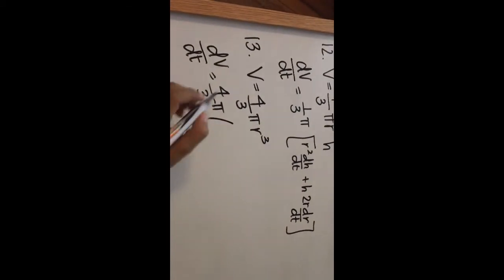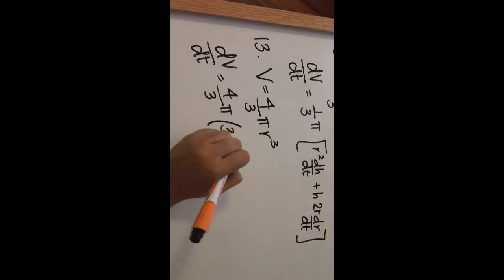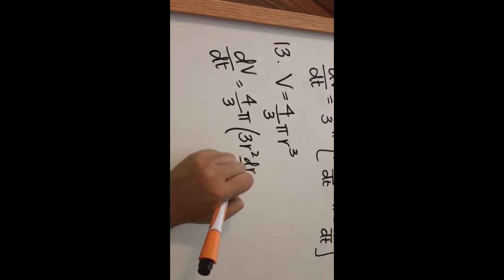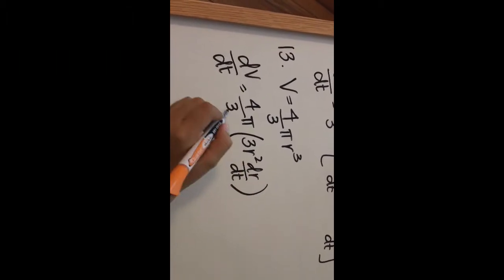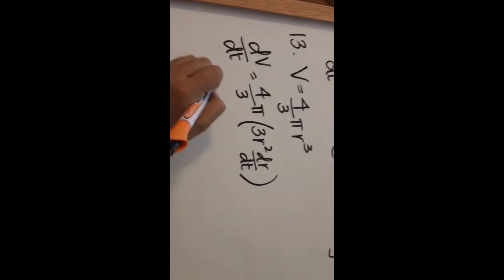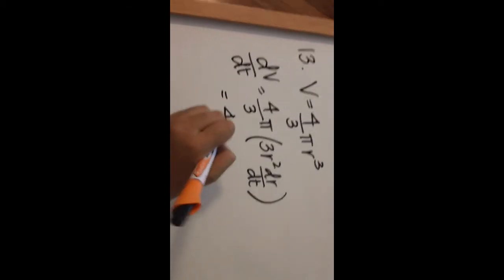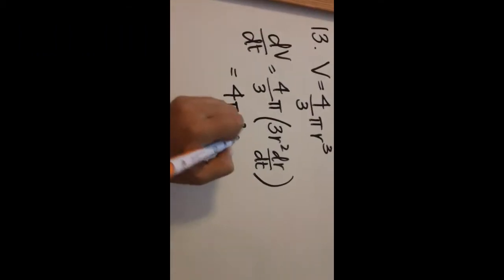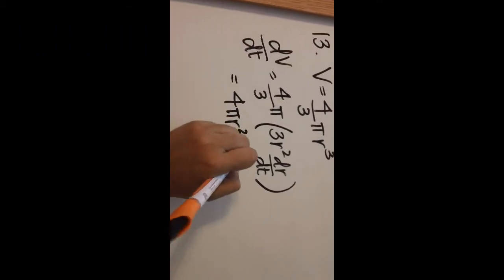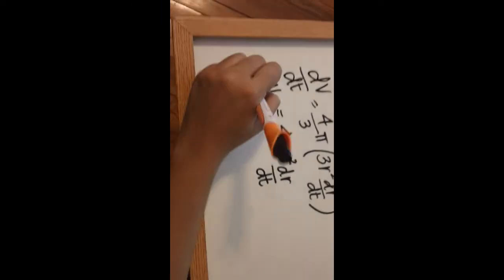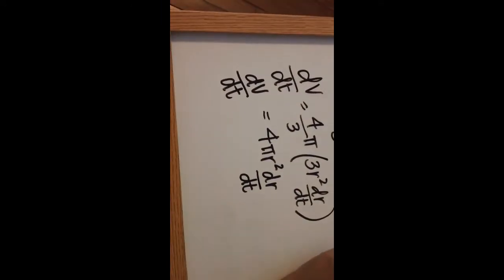And really there's no product rule there, so that's really just 3 r squared dr dt. You can simplify the 3's because they will cancel out. One's on top, one's on bottom. And you're left with 4 pi r squared, excuse me, dr dt. You don't have to simplify, but you can if you feel that it makes it easier.